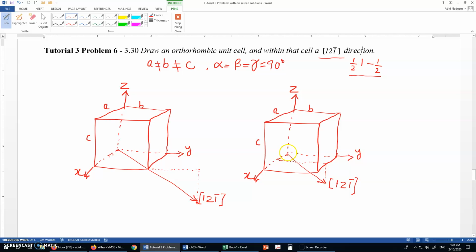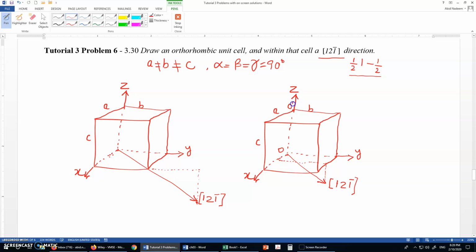The original origin is here at point O, and in this case we will change the origin to a place where the coordinate is negative. For example, the coordinate is negative at this point C, so we will take the origin here along its z-axis.